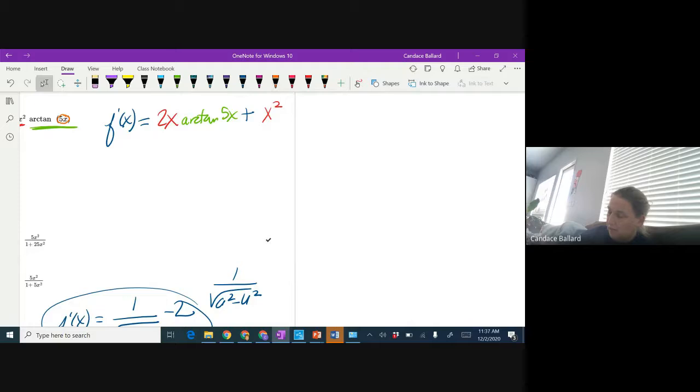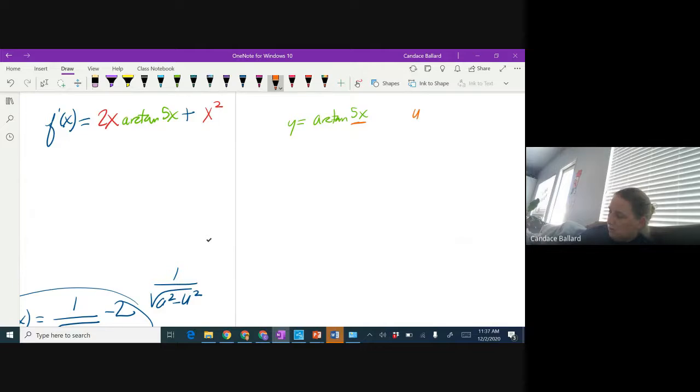So I know that for the green, my original would be arctangent of 5x, which I'm just going to say is y equals. And I'm going to go with my u, which is 5x. So u prime is just going to be 5.